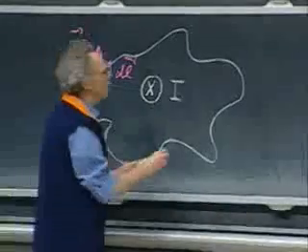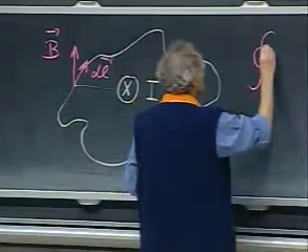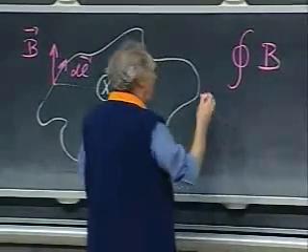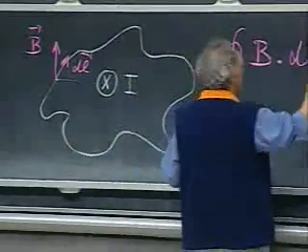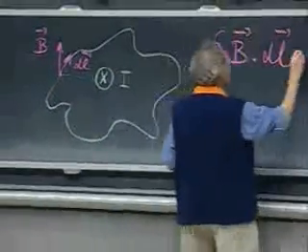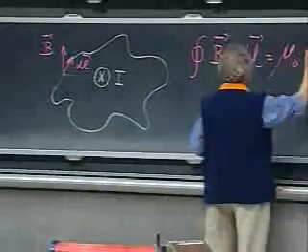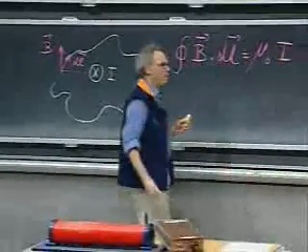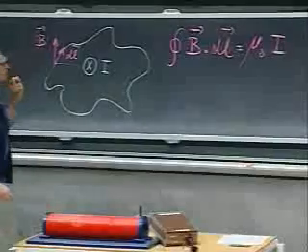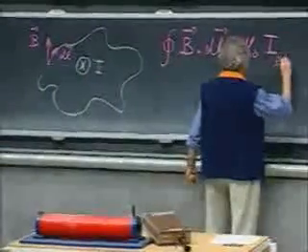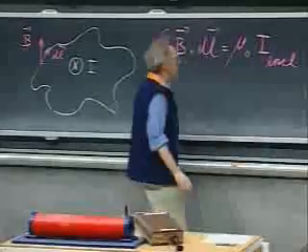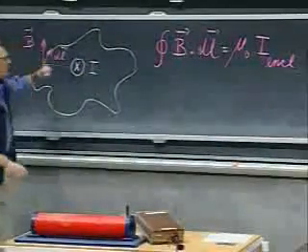If you go around a closed path of any kind, it doesn't have to be a circle, B dot dl now becomes mu0 times I, which is known as Ampere's law. And I is often given an index, enclosed. It is the current which is enclosed by that path.